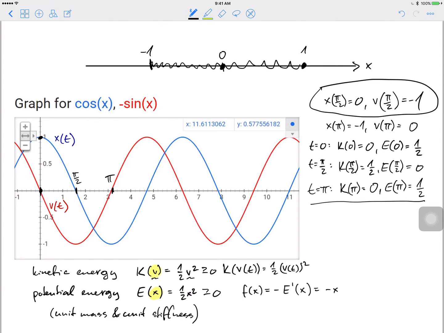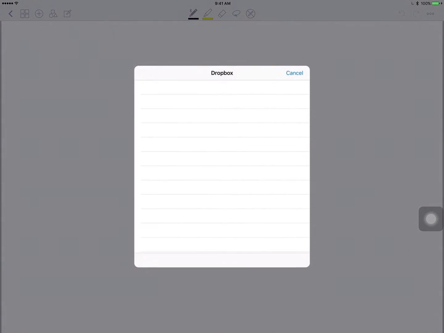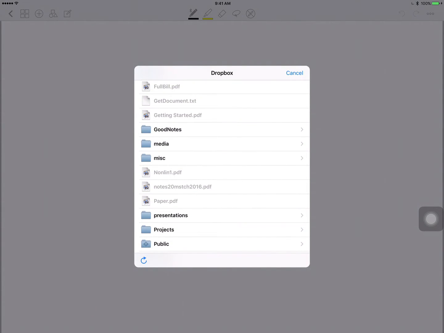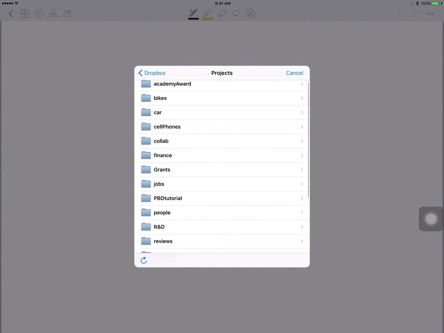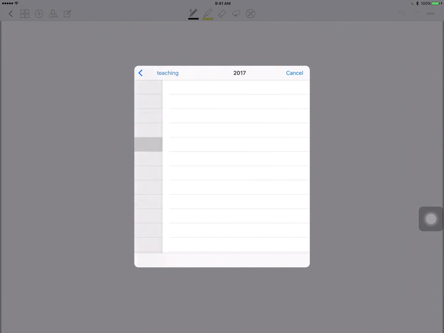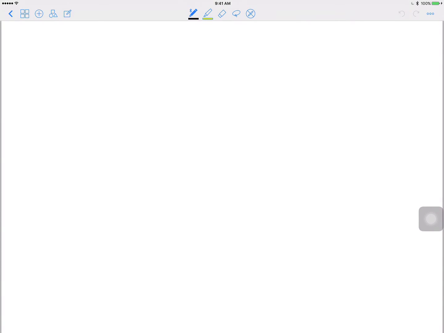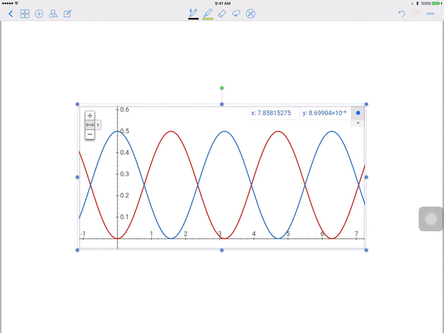I actually plotted that just so we can look at the graph and appreciate it. I plotted them for you too.